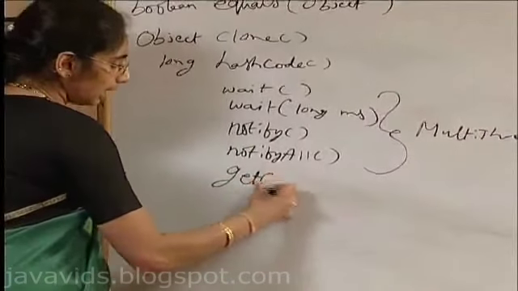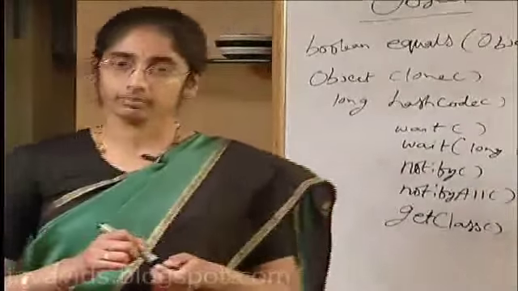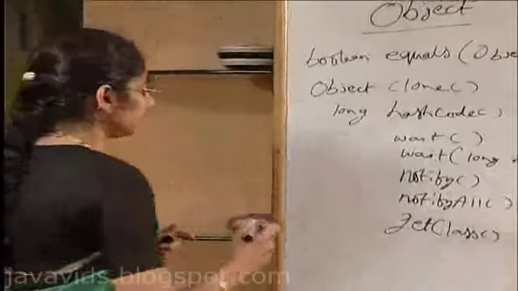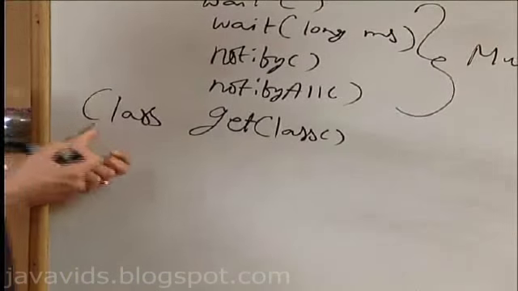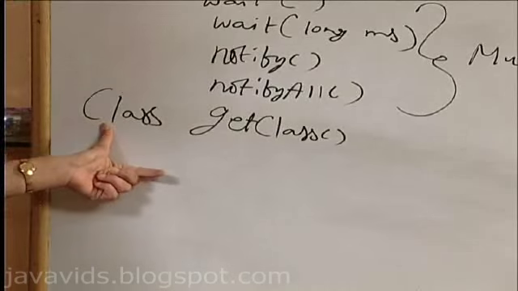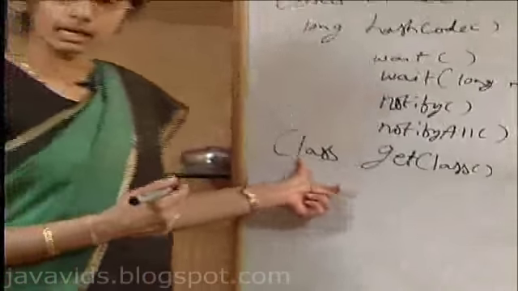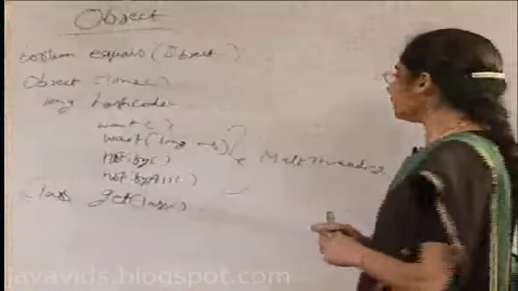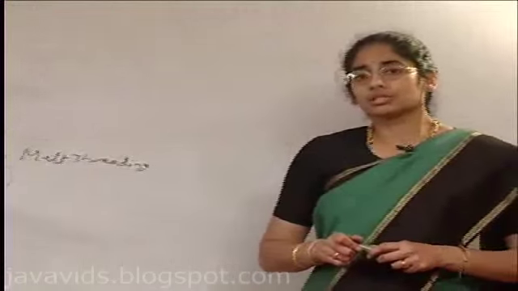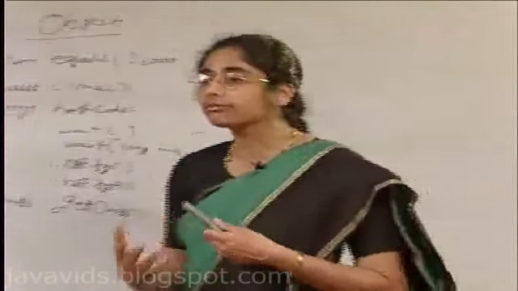We also have the getClass method. The getClass method returns a Class object. Now Class here, with uppercase C, is a class also. This also belongs to the lang package. getClass is used to make a reflection on a class. Now what do I mean by a reflection?